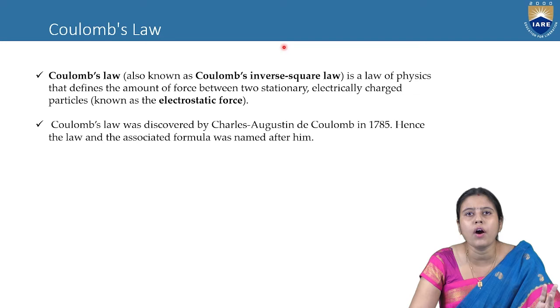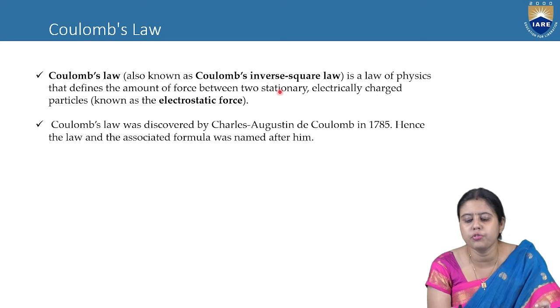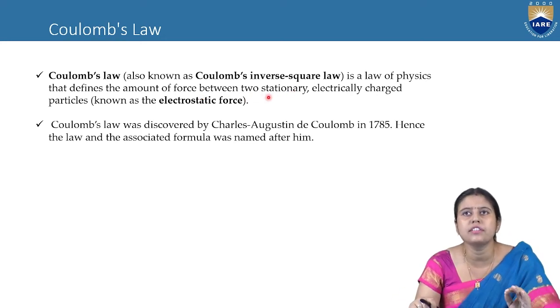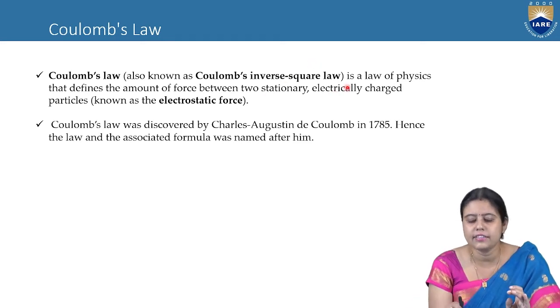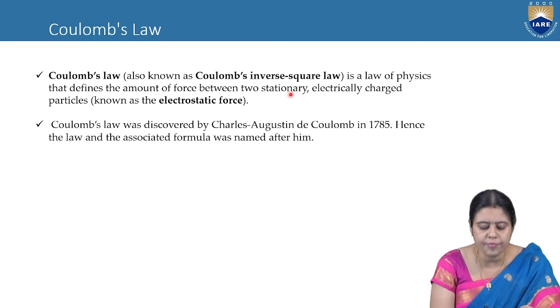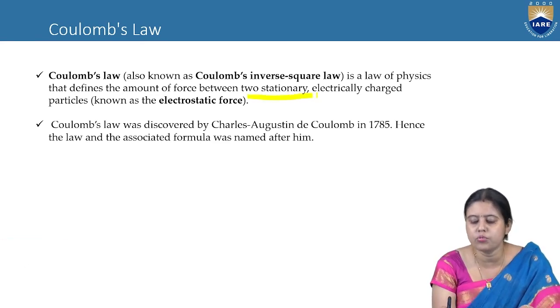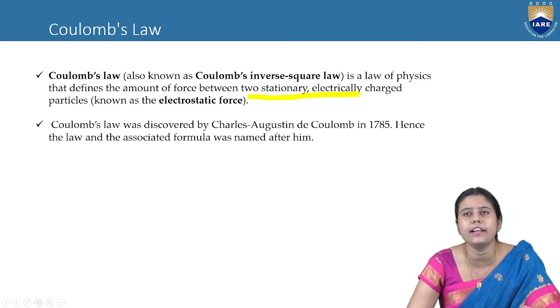Coulomb's law is one of the important innovations in physics, especially in electrostatics, and it defines the amount of force between two stationary, electrically charged particles. Stationary charge is known as electrostatic.